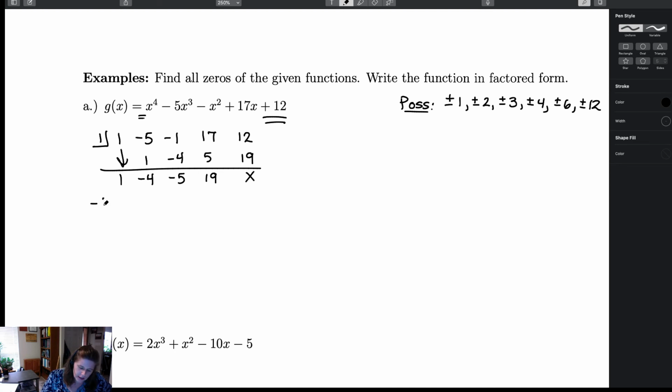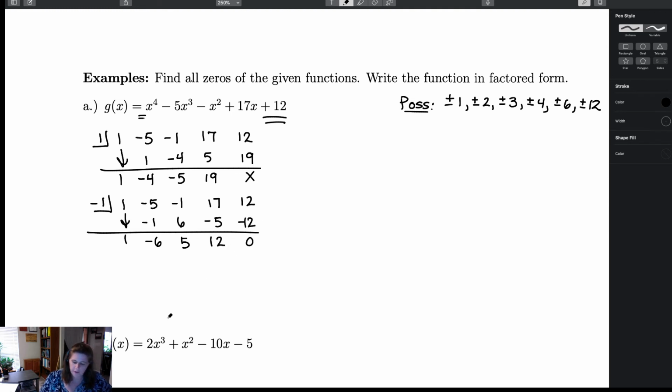So let's try -1. Now I'm not using these numbers because I struck out there. So 1, -5, -1, 17, and 12. Dropping down the 1, -1 gives me -6. -6 gives me 5. -5 gives me 12. -12 gives me 0. All right, so -1 is a factor.